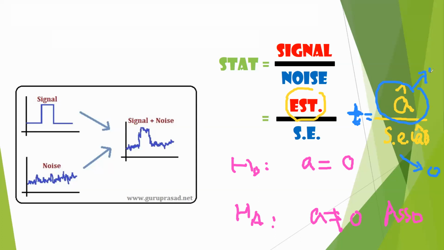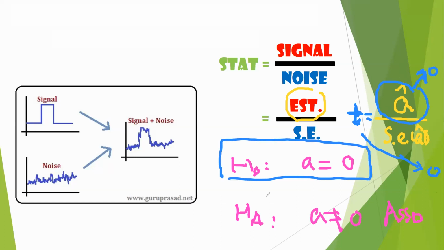Do you agree? Yeah. So if your t-statistic is close to 0, put another way, the estimated additive effect is close to 0, this will be evidence in favor of the null. In this case, you're going to get a very large p-value.